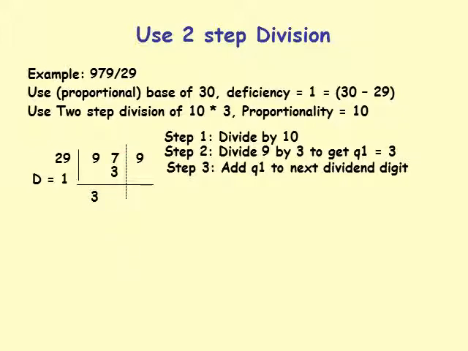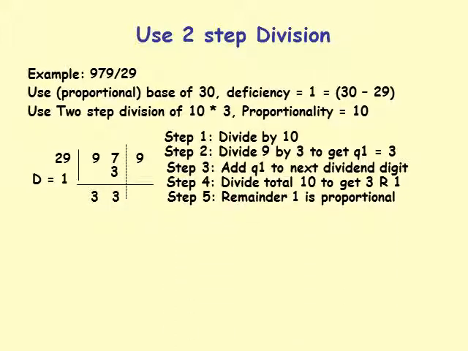We just wrote down 3 here. Now we have 10 in this column here: I have 7 plus 3, which is 10. Now I'm going to divide this 10 by 3, which gives me 3, remainder 1. Let's see what we do with the remainder 1.